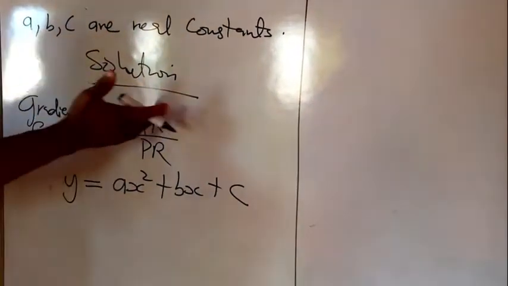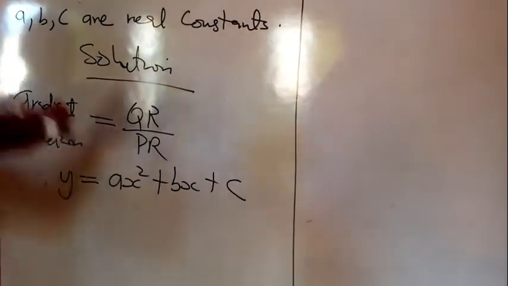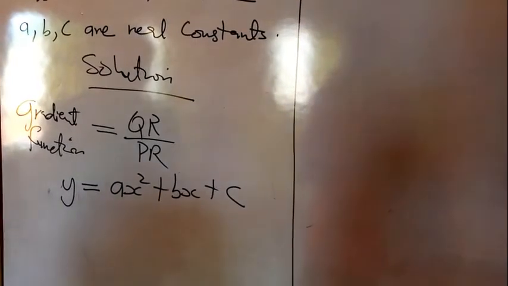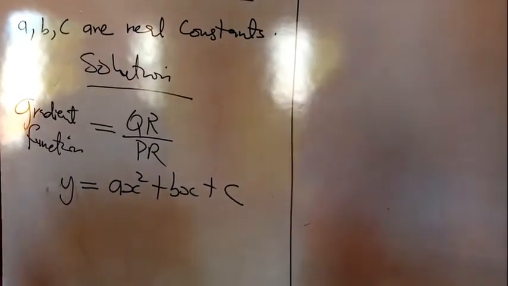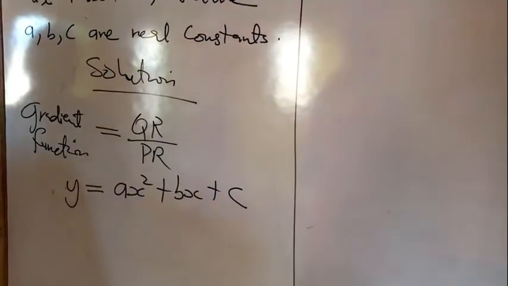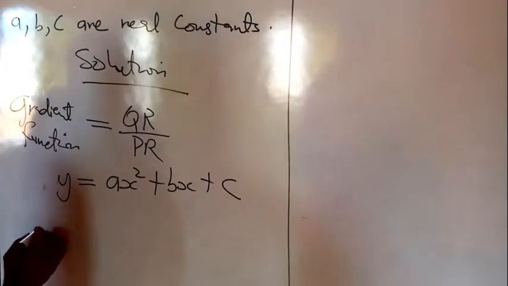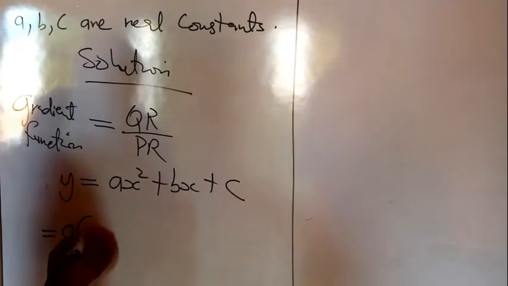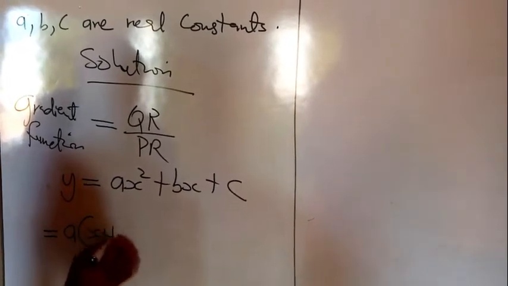So let's get our Q arrow. Q arrow is saying that the y2 minus y1. This is actually our y1. So our y2 now is equal to a into x plus h.